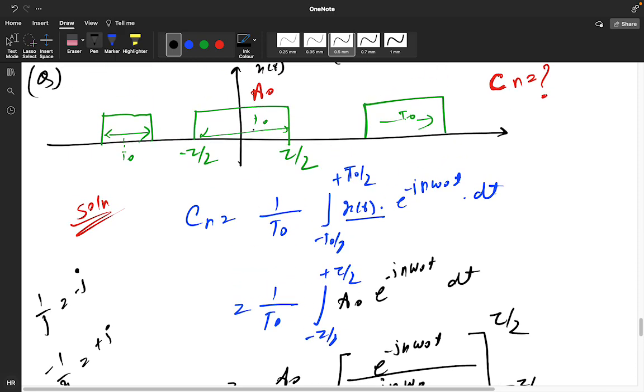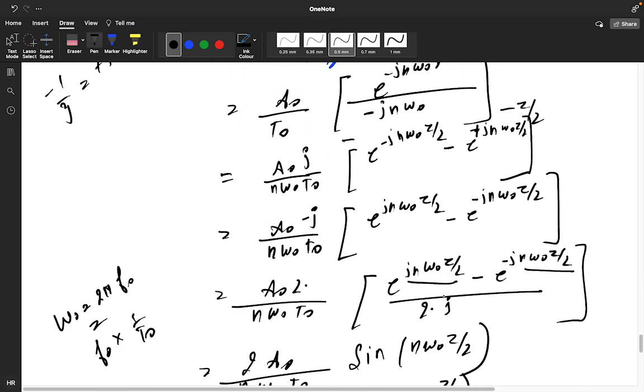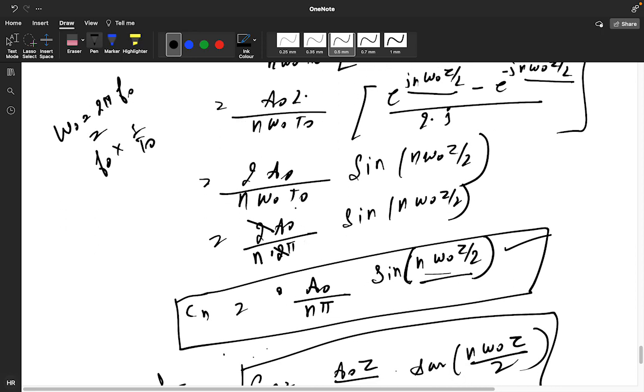What is the time period? 1 by the time period is tau only, so you can write tau instead of T naught, but I am preferably writing T naught. Okay, and if you integrate this, after the integration you get this function. So you can break this, or if you don't want to break it, you can write this particular thing as A naught sin of n omega naught T naught by 2, and T naught by 2 is nothing but A naught sin of n omega naught tau by 2 only.